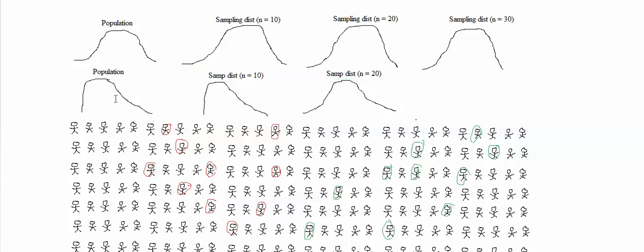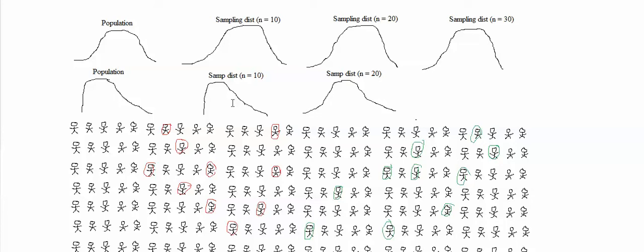So if the population is skewed, then the sampling distribution will also be skewed if the sample size of the possible samples is a small sample size.